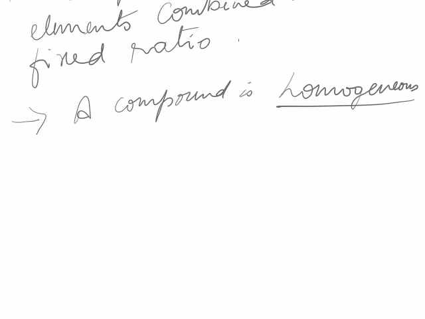A compound is homogeneous means it has uniform distribution of atoms of its constituent elements and has the same properties throughout. But those two gases have formed the water, and water has its own properties, the same throughout.